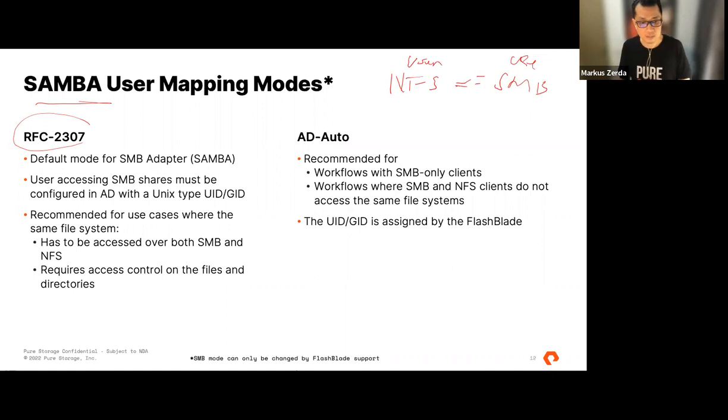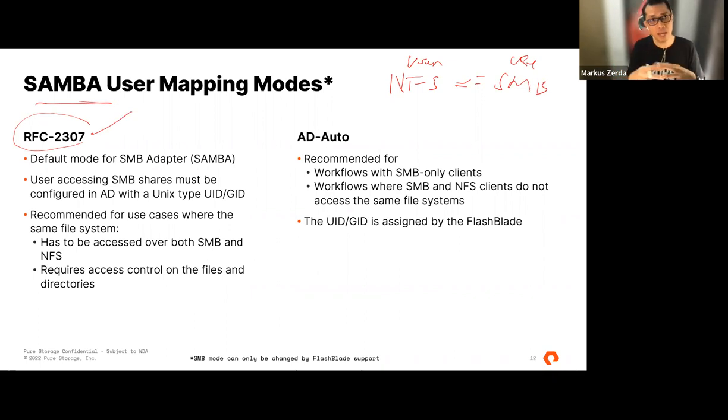In FlashBlade, that is possible. To do that, you need to enable RFC 2307 on Active Directory. That's the only way to do the mapping.